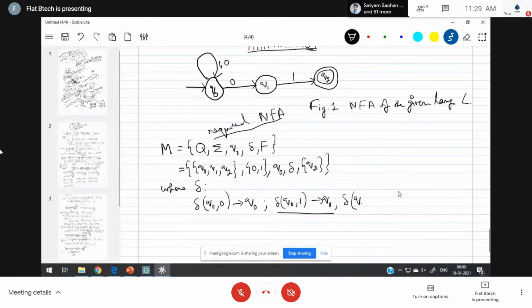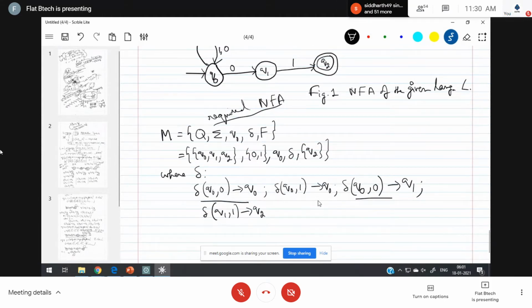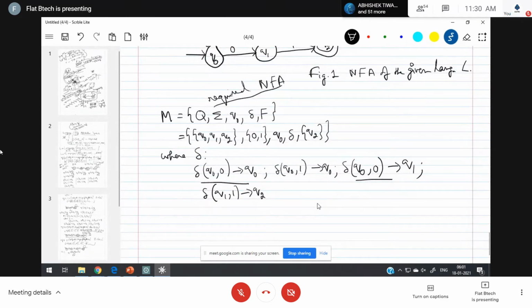Delta of Q naught, comma 0, equals Q1. Let me underline this too. Delta of Q1, comma 1, equals Q2. Now, I know you might be a bit confused. Let me clarify within a second. Don't worry, do not raise any queries right now. Let me just complete it.